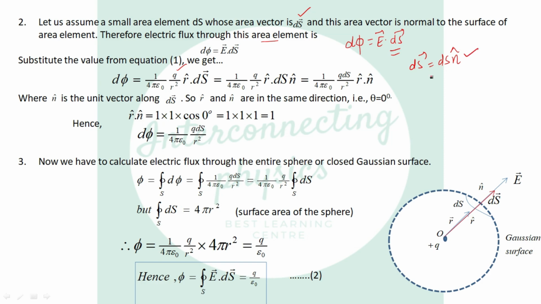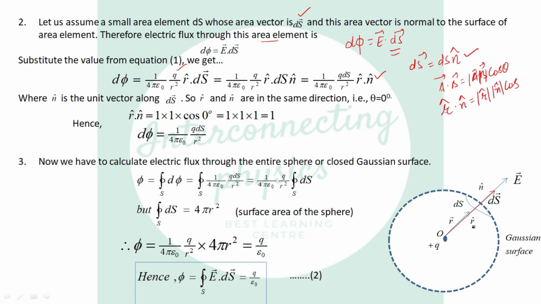Now the result is 1 over 4 pi epsilon naught, q dS over r square, r cap dot n cap. Now you know a dot b vector can be written as magnitude of a, magnitude of b, cos theta. Now we write r cap dot n cap as magnitude of r cap, magnitude of n cap, and cos theta.